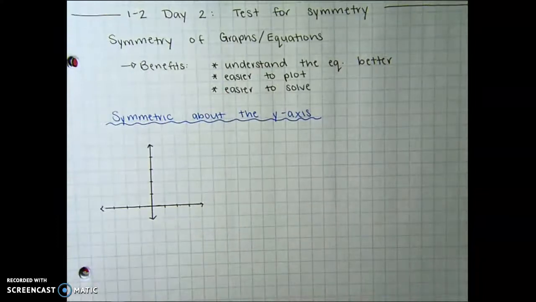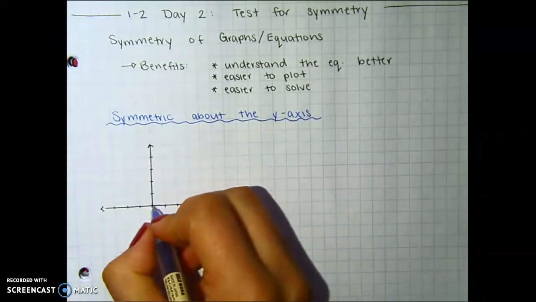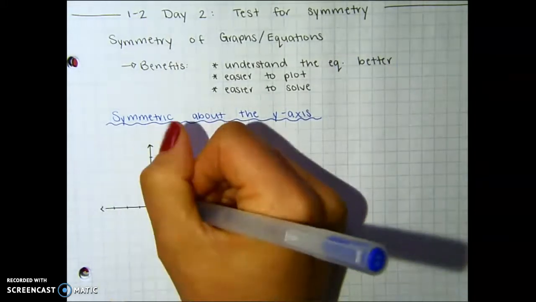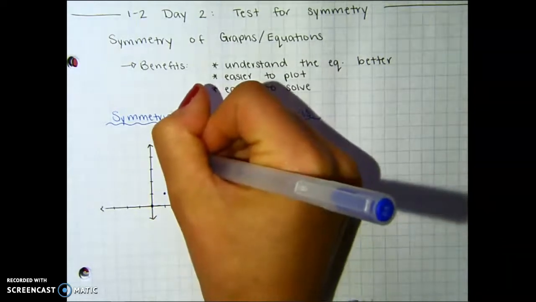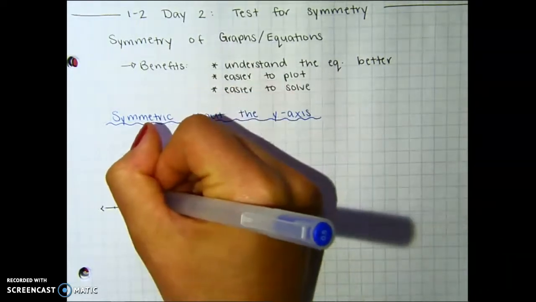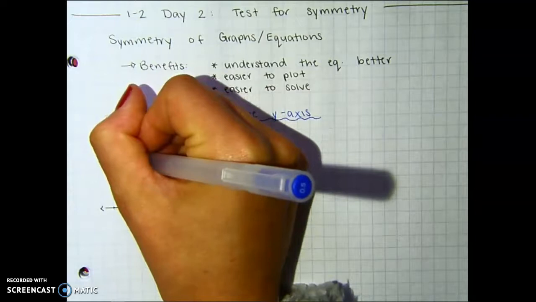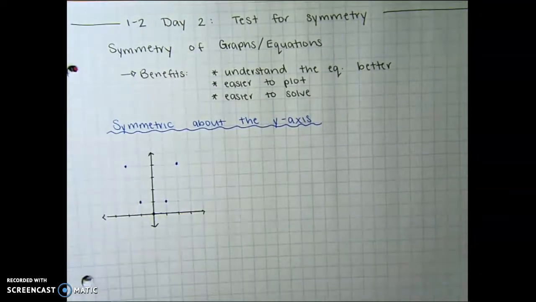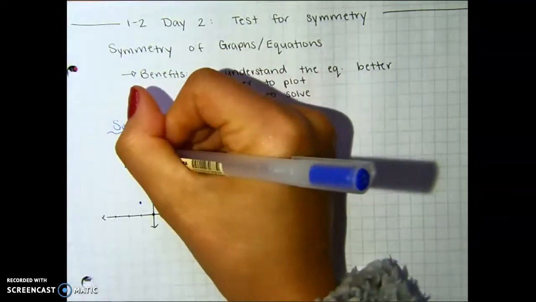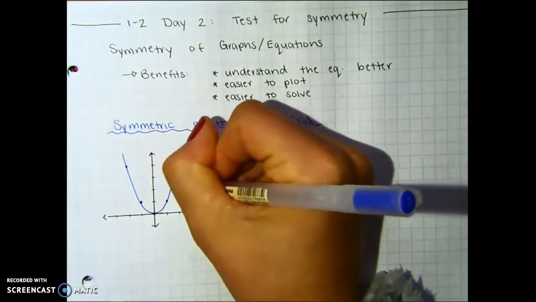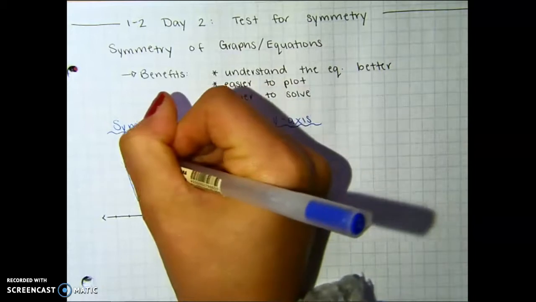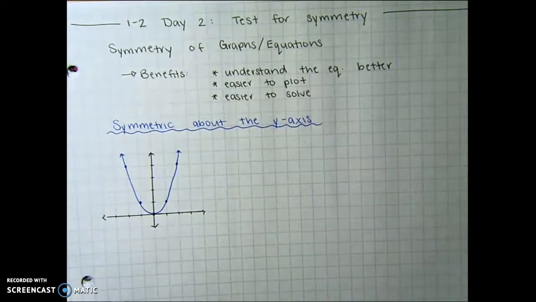So the quadratic parent is 0, 0, right? 0 squared, 1 squared, so 1, 1, 2, 4. Negative 1, 1, negative 2, 4. And please make this a nice curve, so it looks like a parabola. Ooh, that was not bad at all.